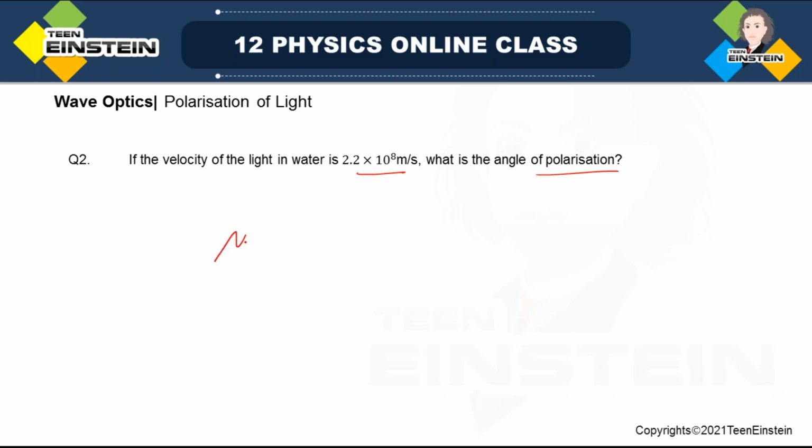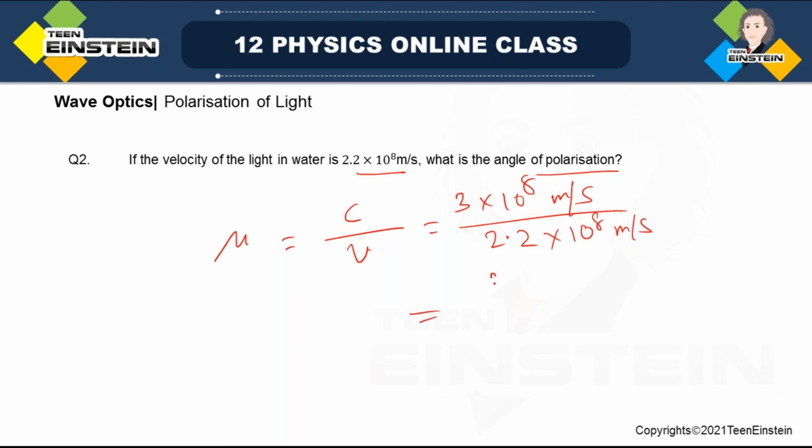That means you have to find out what mu is. Mu is c by v, where c is the speed of light in air, that is 3 into 10 to the power 8 meters per second, and v is the speed of light in the medium. Here the medium is water, and the speed of light is given as this. This will be 30 by 22, so 15 by 11.